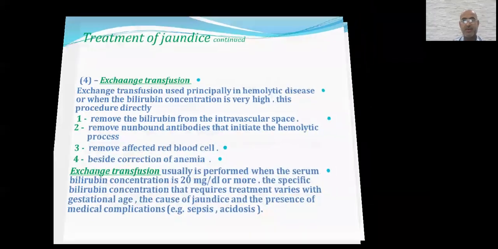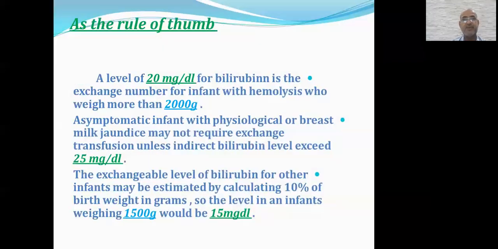Here we have different levels of bilirubin that may need exchange. As we say, 20 milligrams per deciliter. Keep in mind, this is the important level that may need exchange transfusion.